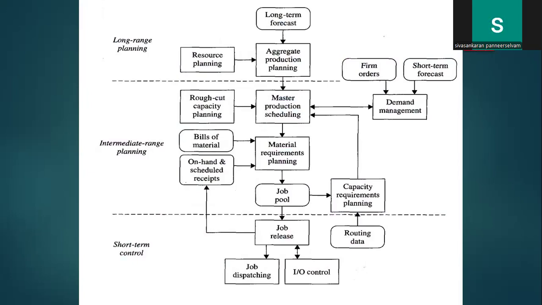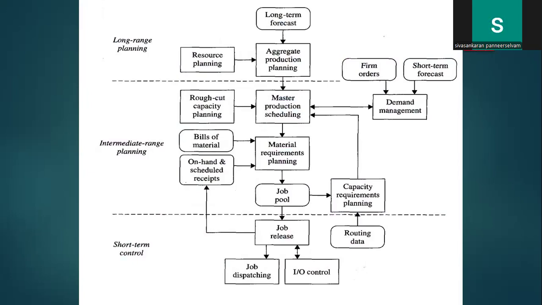The next one is the intermediate range planning system. Here there are various modules to be discussed. The first one is master production scheduling. In this section, one has to identify the inventory stock.